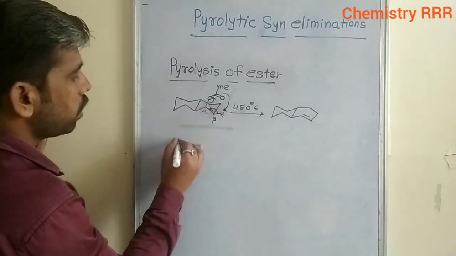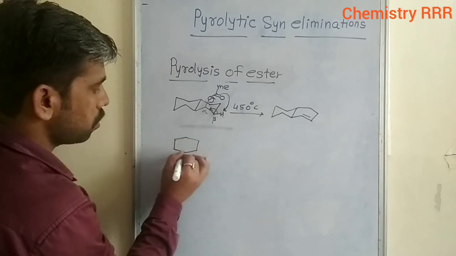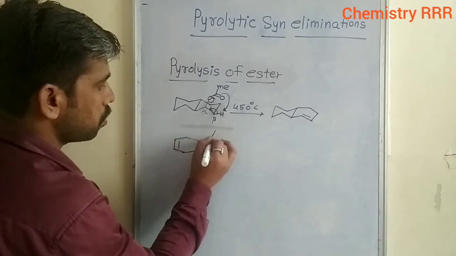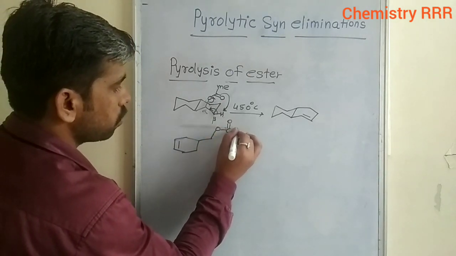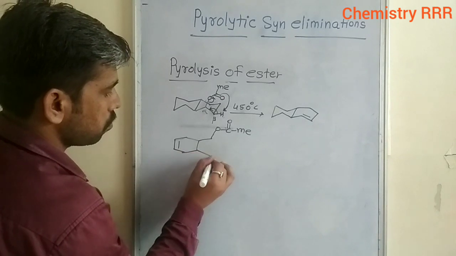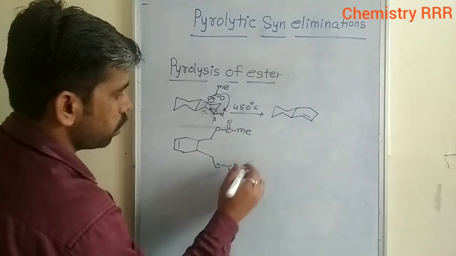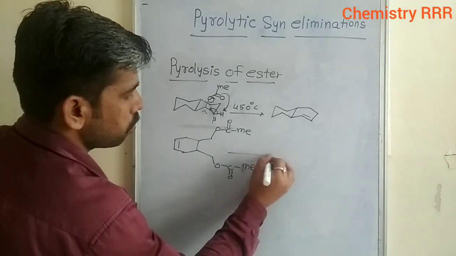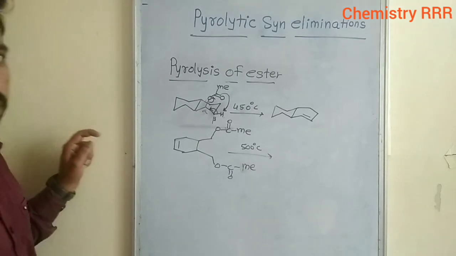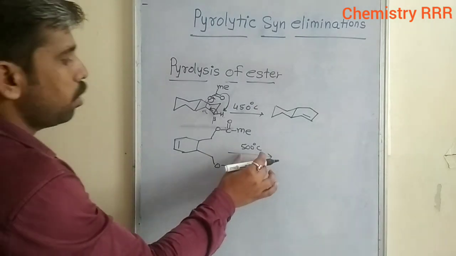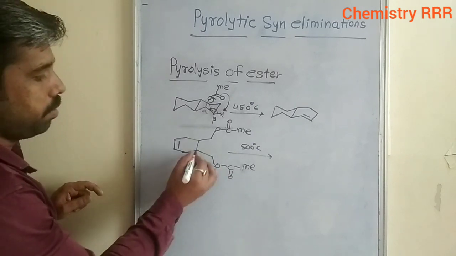Now let's take one more example for this type of reaction. O C double bond OMe, C double bond OMe, methyl group. Again heating at 500 degrees centigrade. Now in this reaction also there is involvement of the 6-member transition state.